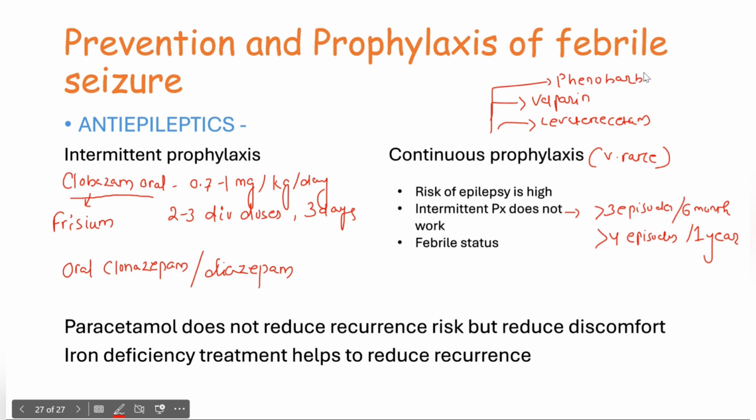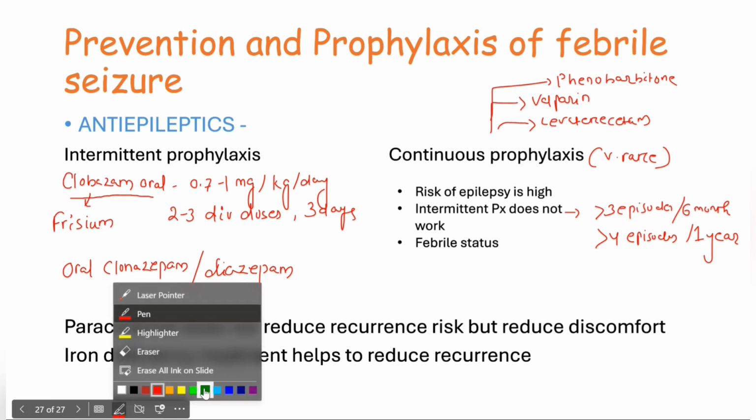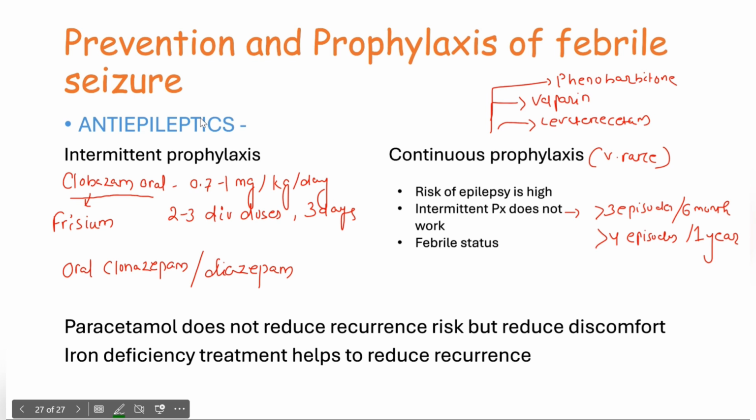Continuous prophylaxis means it should be given every day. And till when it should be continued, there is no such guideline. Usually it is given 2 to 3 years in practical scenarios.